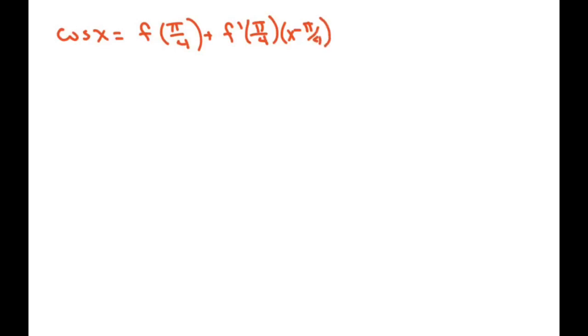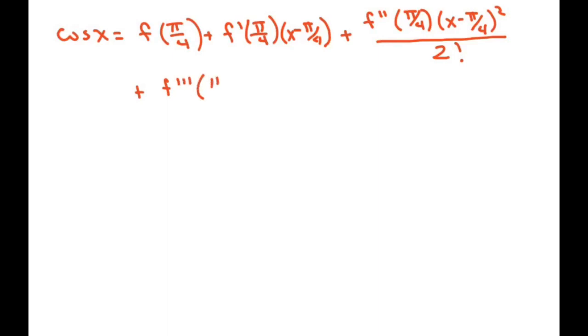So we get cosine of x equals f of pi over 4 plus the derivative at pi over 4 times x minus pi over 4, okay, plus the second derivative at pi over 4 times x minus pi over 4 squared over 2 factorial plus the third derivative at pi over 4 times x minus pi over 4 cubed.